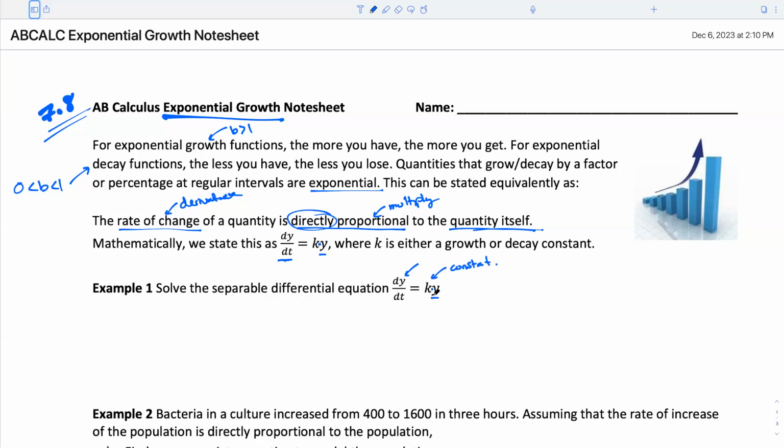Now k is going to be our constant in this case. So once we separate it, we want to get the y with dy, and then the dt with k. So once we do that, we're going to divide both sides by y and multiply by dt.